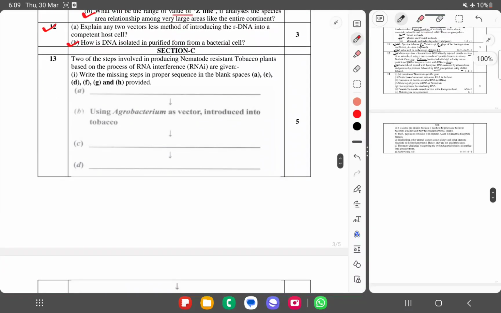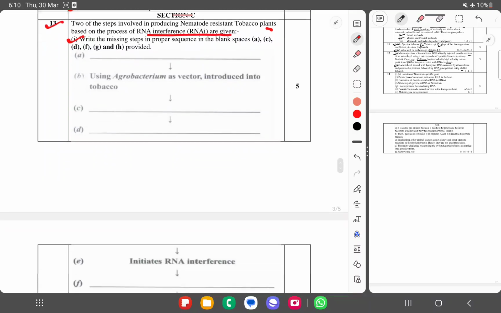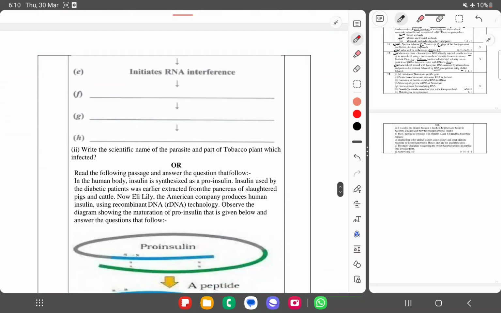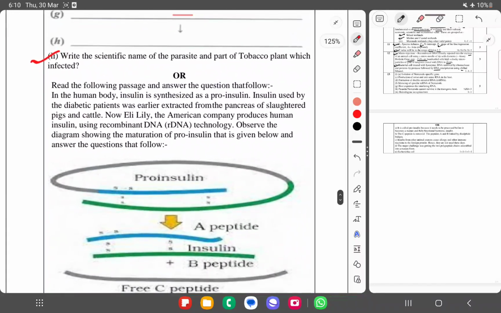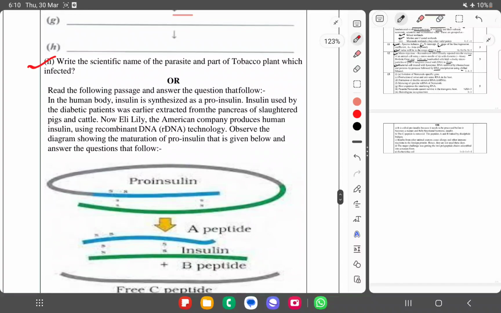Yes. Next question. Question number 13. The two steps involved in introducing nematode resistance in the tobacco plant based on RNA interference are given. Write the missing steps, labelled A, C, D, F, G, H. Okay, let's see. What is the scientific name of the parasite and the part of the tobacco plant which is infected?